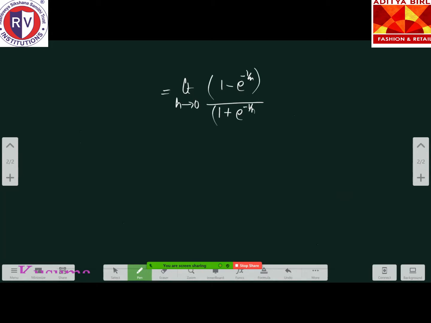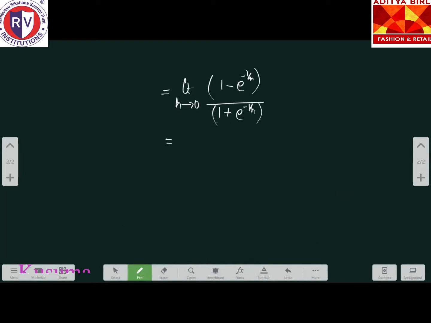Now we can substitute h is equal to 0, isn't it? So when we substitute h is equal to 0 here, what happens to e to the power of minus 1 by h?